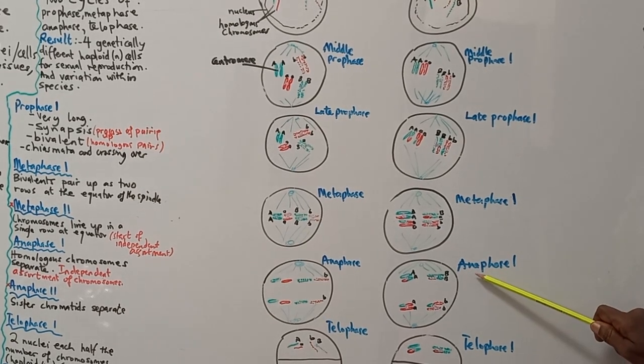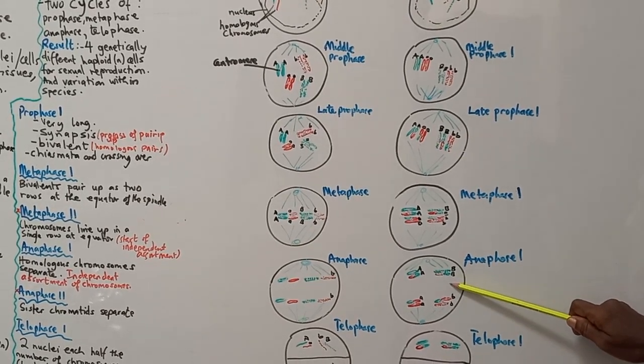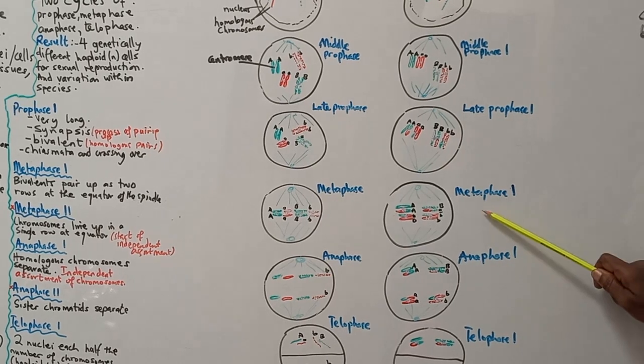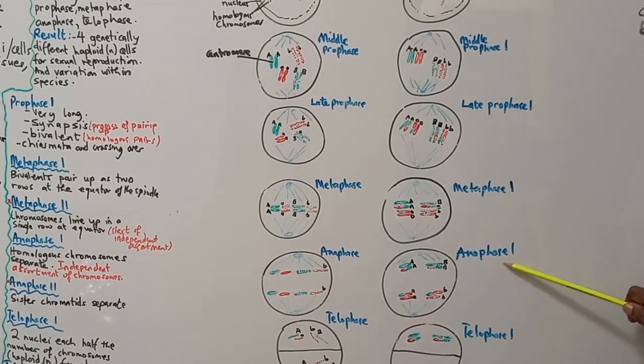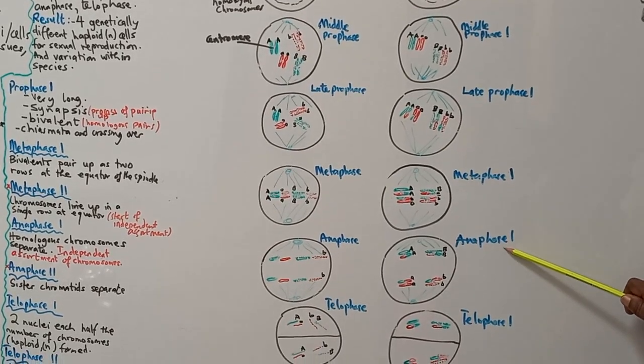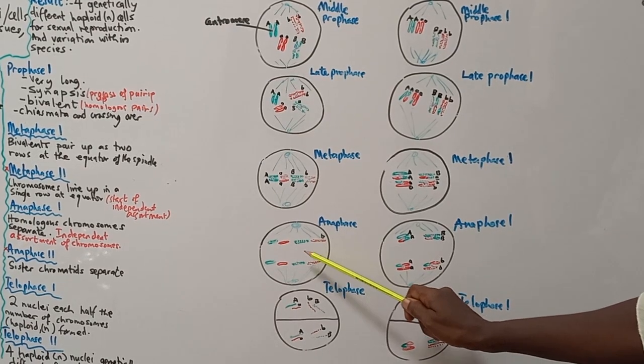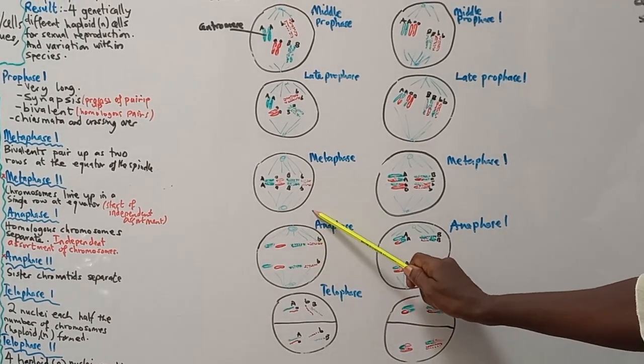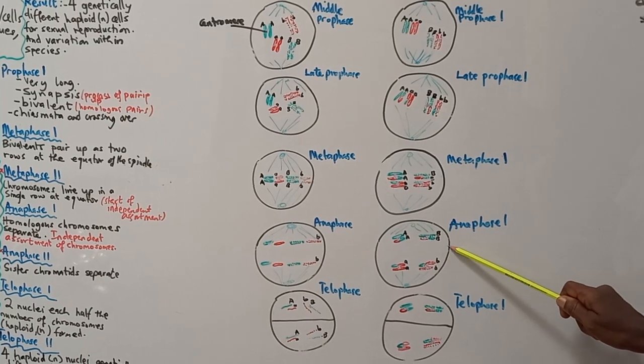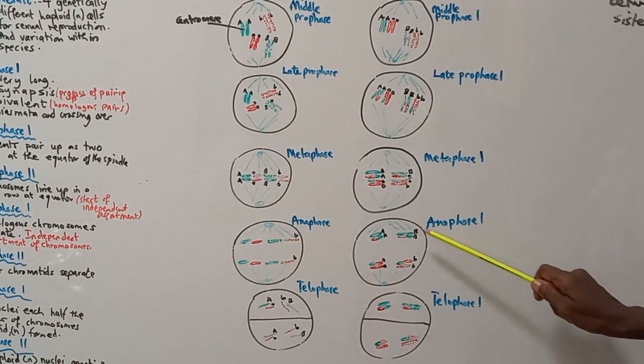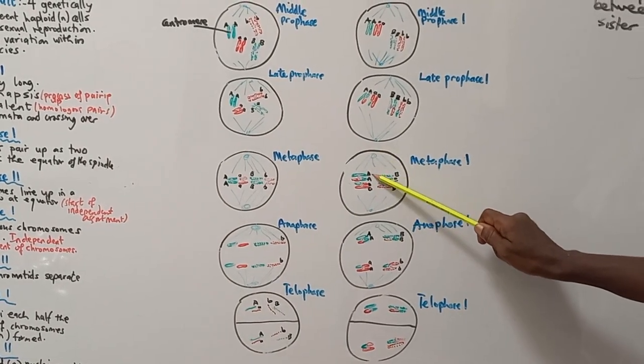At anaphase 1, independent assortment of chromosomes happens. We'll explain independent assortment in our next lesson. In anaphase in mitosis, sister chromatids separate. In anaphase 1 in meiosis, homologous chromosomes separate.